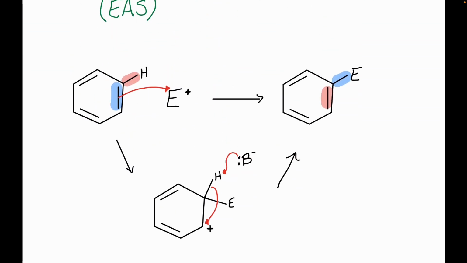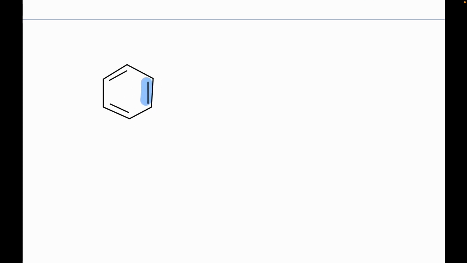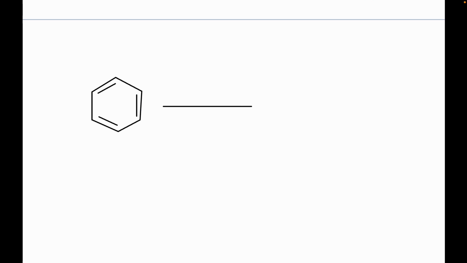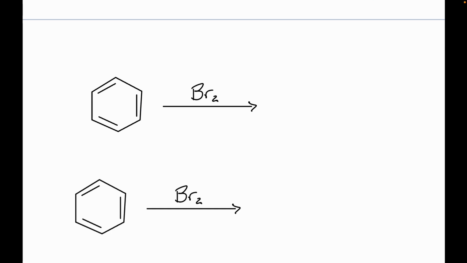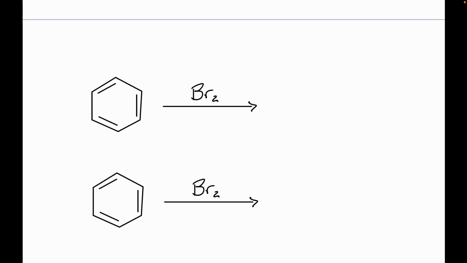Let me grab my benzene ring again. Our first few are going to look familiar here. We've got bromine and chlorine.